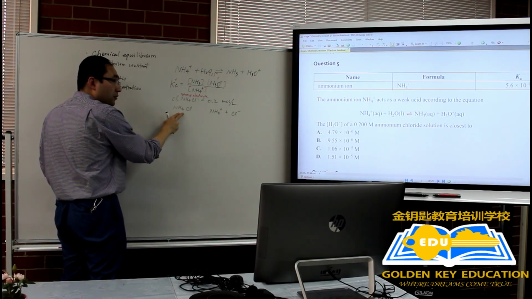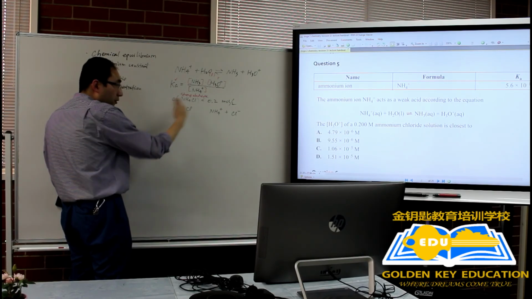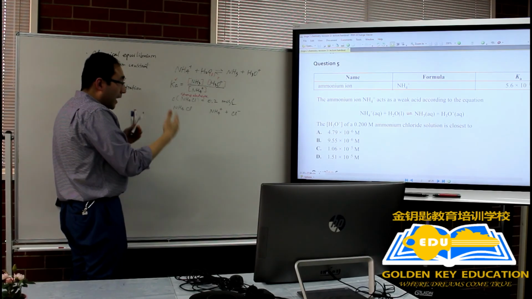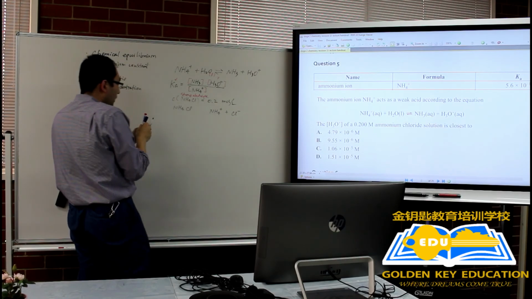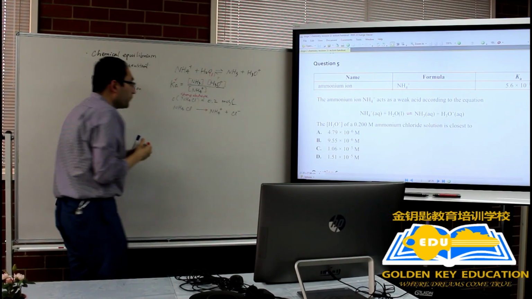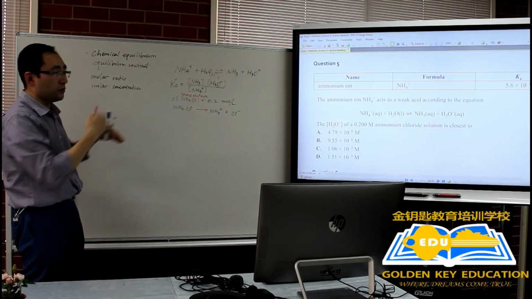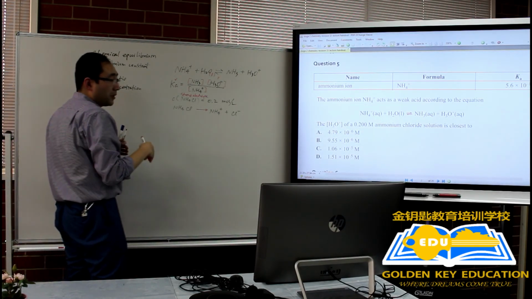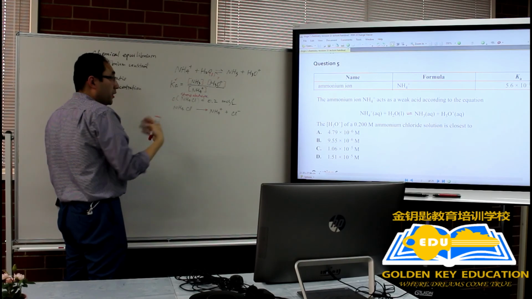Because it's a strong electrolyte, the forward reaction is happening at a pretty high rate. We would simply use a single arrow to show the comparison between the forward and backward reactions, right? There's no need to use a double arrow at this stage because it's a strong electrolyte.